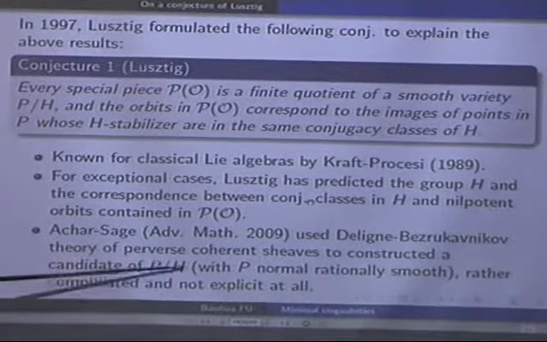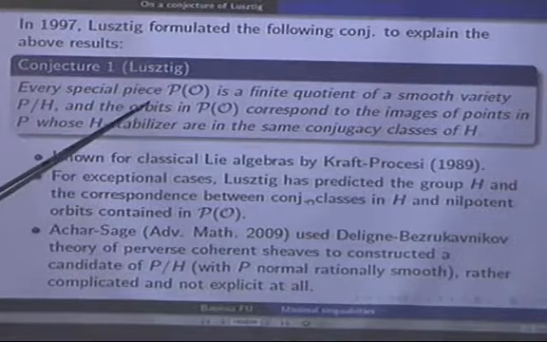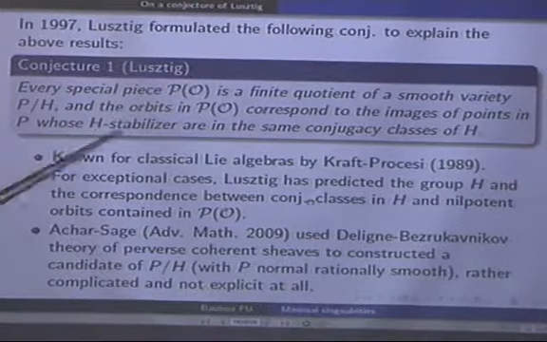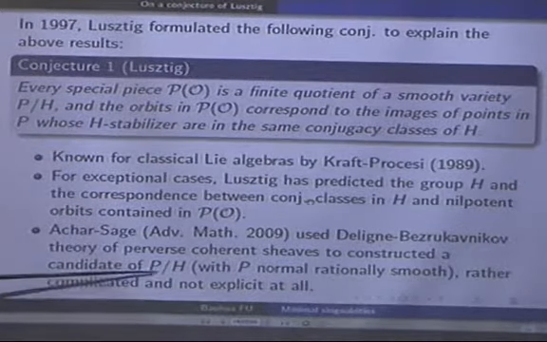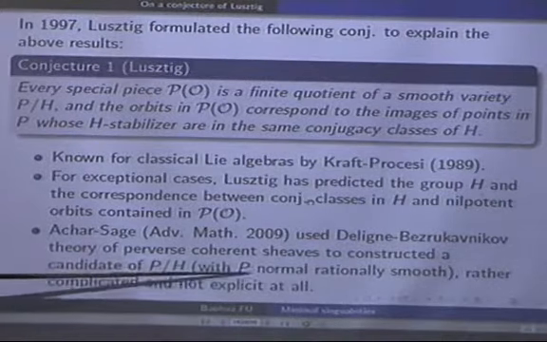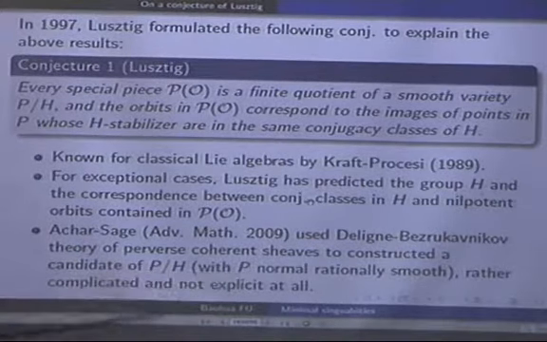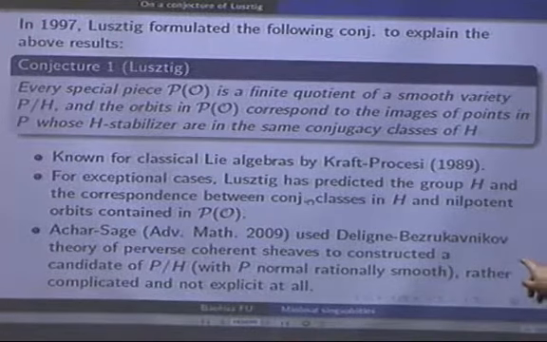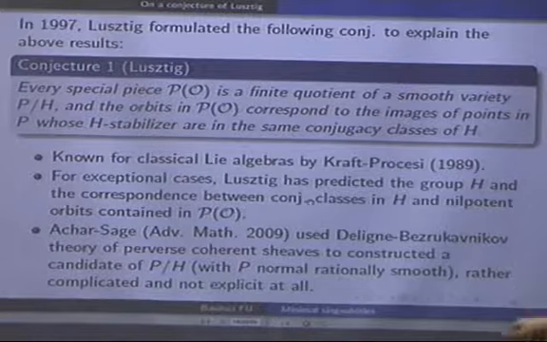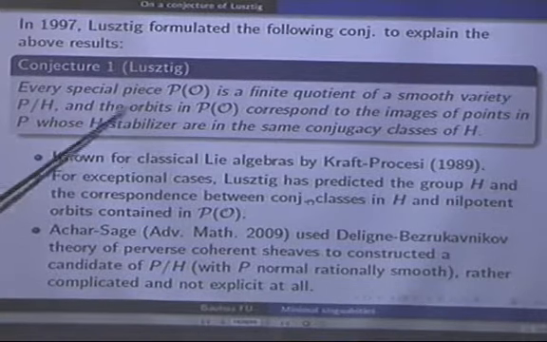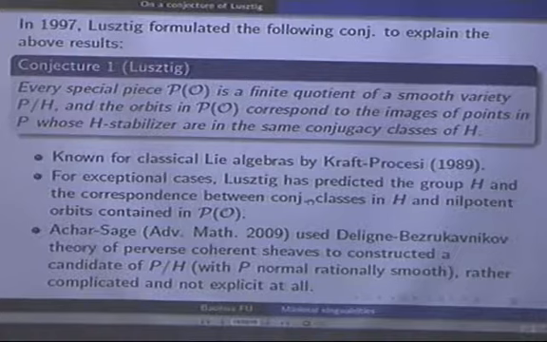So still they cannot prove anything of this. They just propose this should be the right way. So what they need to show is that P is smooth, and also the correspondence. Is the special piece normal, like this? A priori no, but finally they can prove for the exceptional case it's okay. Yeah, this is settled.